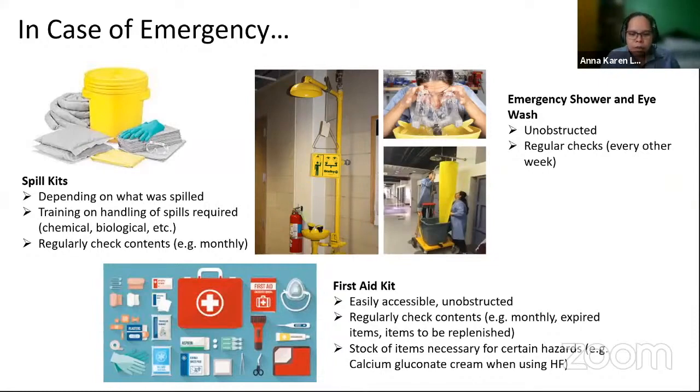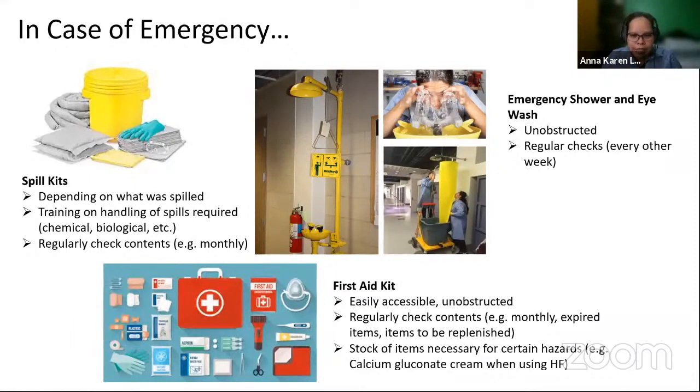In terms of certain experiments or certain chemicals, there are hazards with special requirements. For example, if you're working with hydrofluoric acid, you have to have a stock of calcium gluconate cream. That is meant to complex the HF.